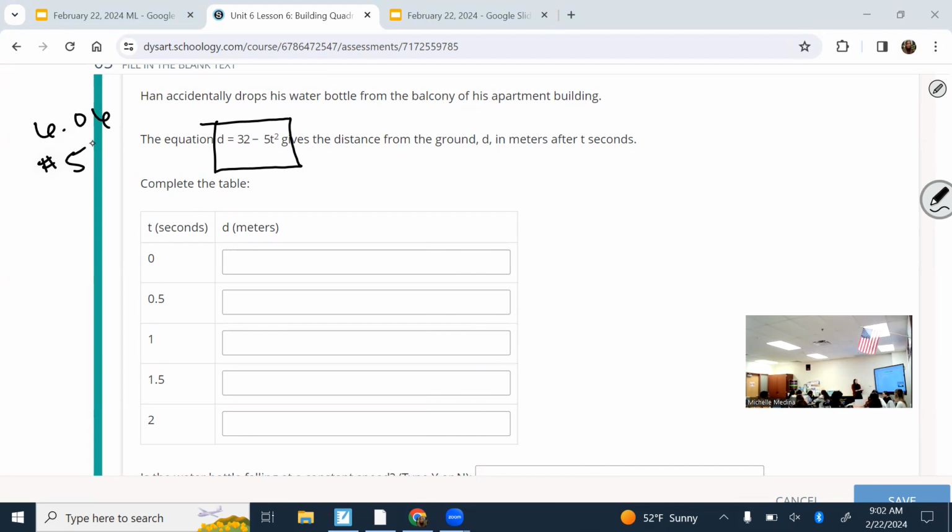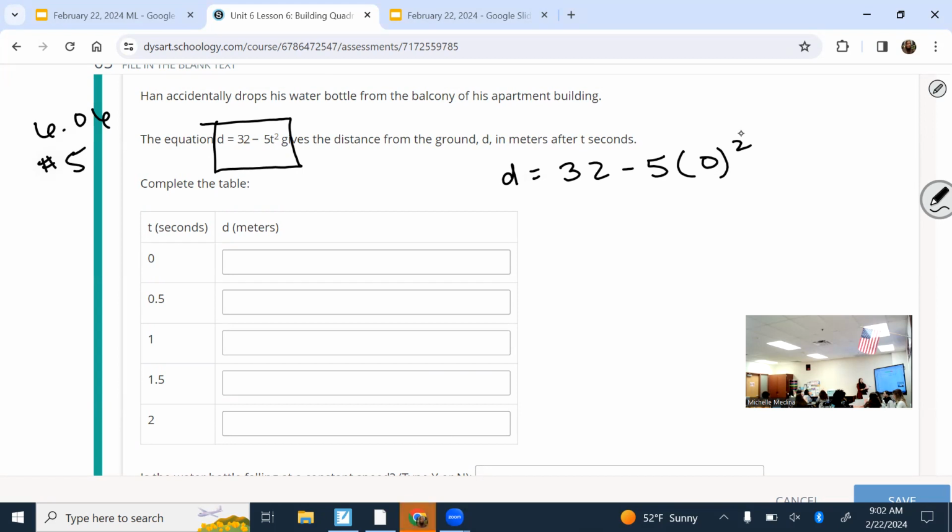So it gives you all of the T values. And if you look at your equation, it has a T in it. So all you really have to do to get each output, each D value, is plug in the T. Everyone see that? Anytime you plug stuff in, use parentheses so the calculator reads it right. I would use a calculator, especially because these are decimals, some of them. This one's not too bad.